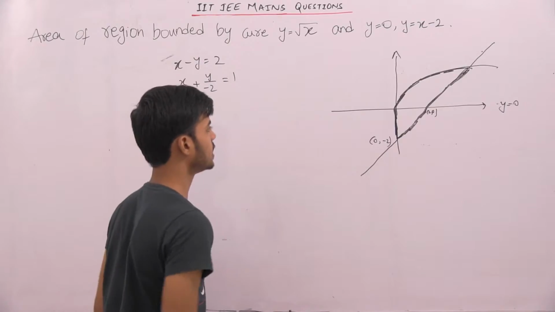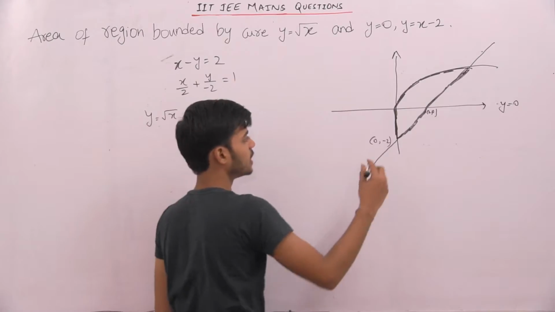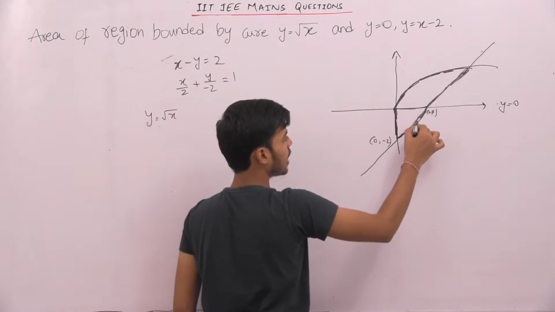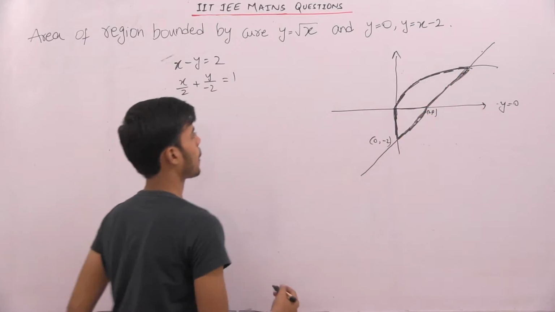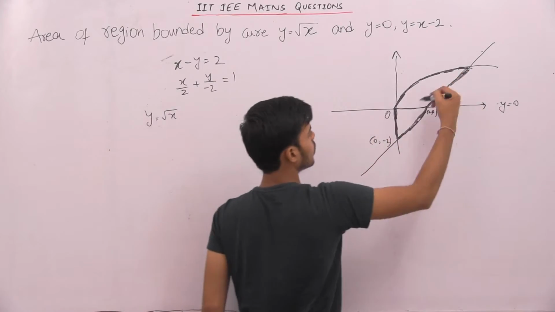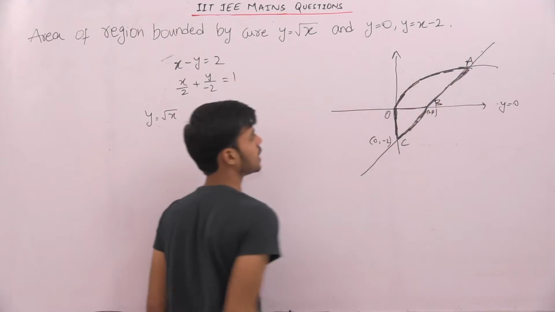So this is the region. If we observe the shaded region, we have a triangle and another region. So let's assume this is the origin O, and these are A, B and C.